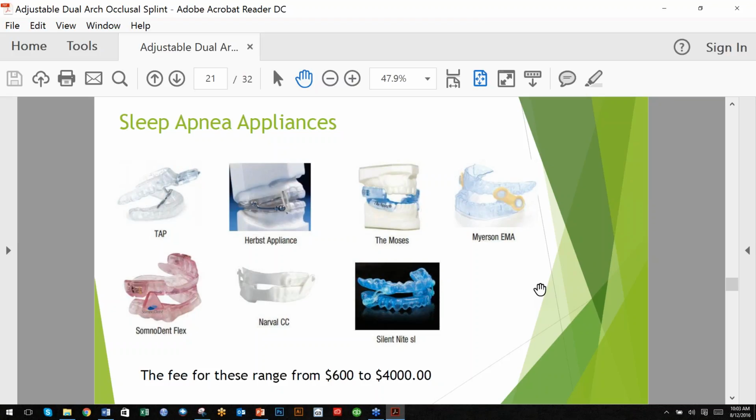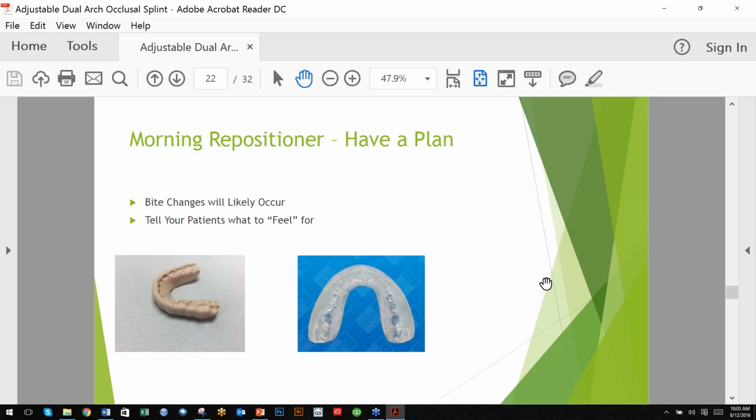And then if there are strategies that you can use on each of these, like jaw pain, we'll talk about that strategy in a second. Tooth movement, I just mentioned that, okay? Morning repositioners. So this has to do with relieving the stress that the masseter has been under all night and helping put the teeth back in place.